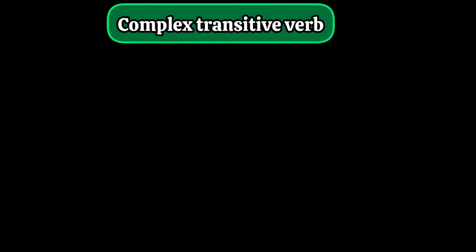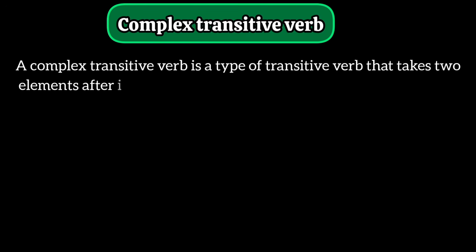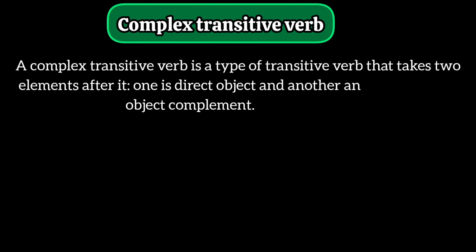Complex transitive verb. A complex transitive verb is a type of transitive verb that takes two elements after it. One is direct object and another an object complement. Simply, it means that a complex transitive verb requires an object, but that must have a complement. You should not be confused about an object complement.